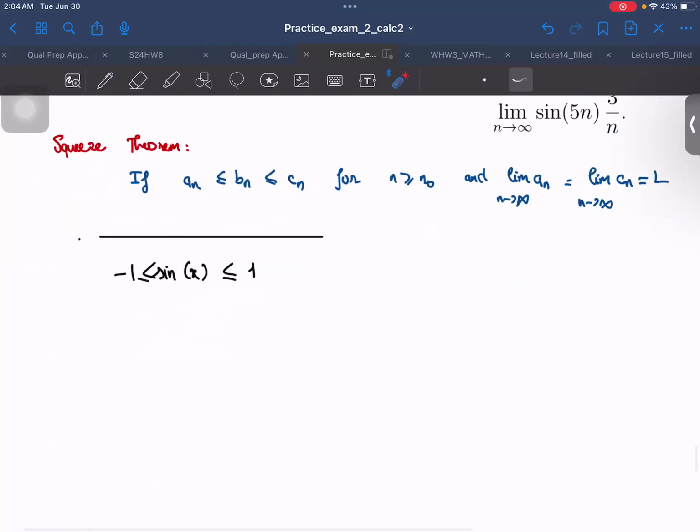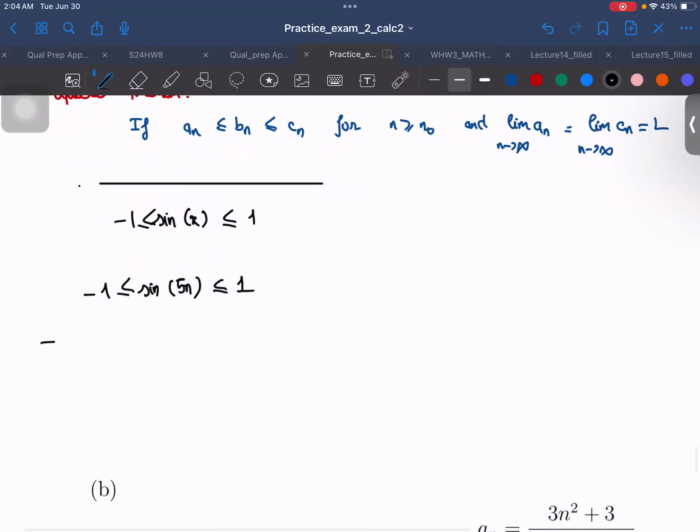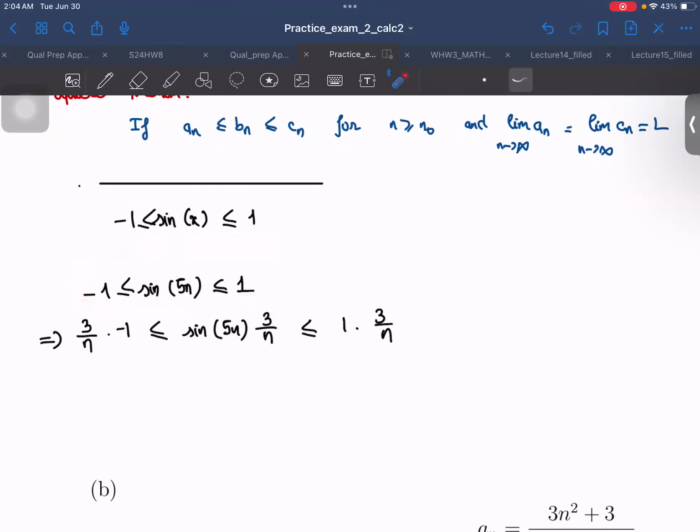Because the value of sine is always between 1 and -1, I can say that sine of 5n is between -1 and 1. Even if I multiply every term by a positive number, my inequality will be preserved, so this is always true.